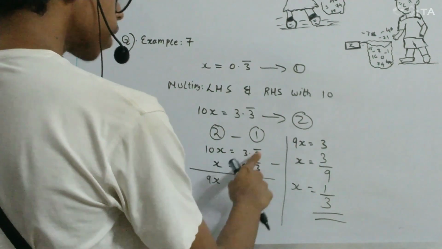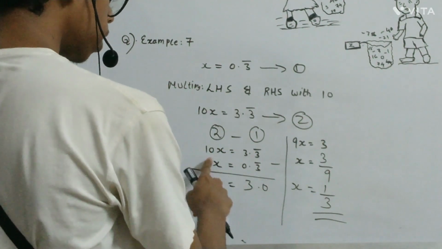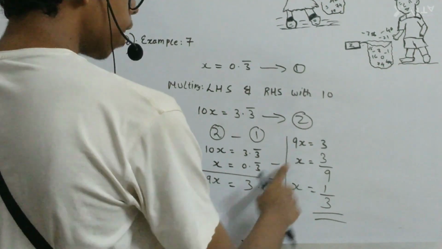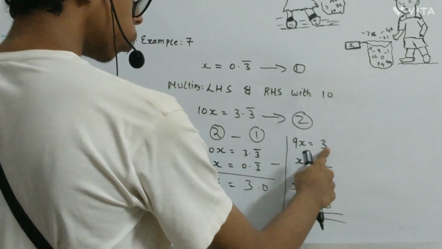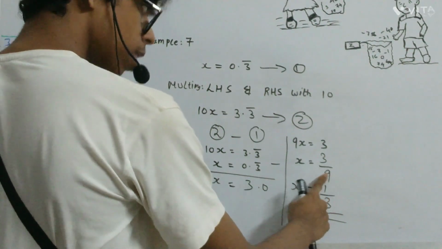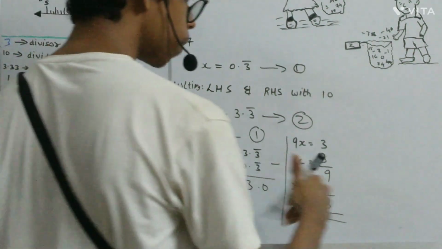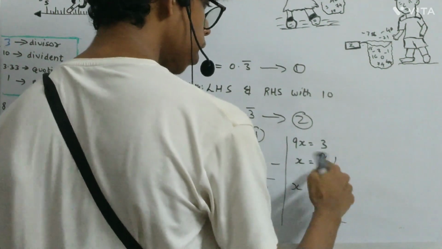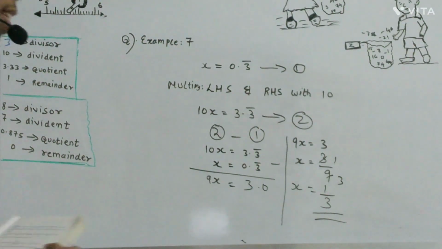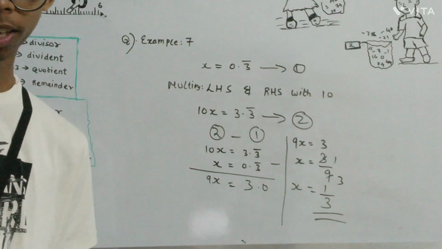So when I am subtracting these two equations, 10 minus 1 is 9x. Similarly, 3.3 minus 0.3 is 3. From here I will get 9x is equal to 3 and we know when this 9 goes to the other side it will go on to division. So I will get x is equal to 1 by 3. I am cancelling it, I will get 1, and I know 3 3s are 9. That is how I am getting the answer as x is equal to 1 by 3.